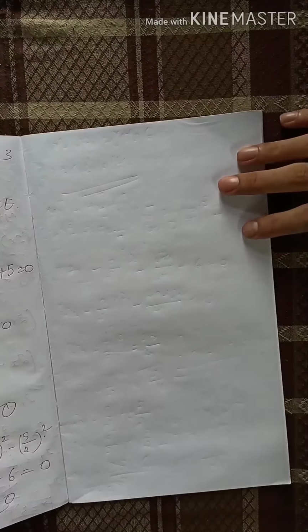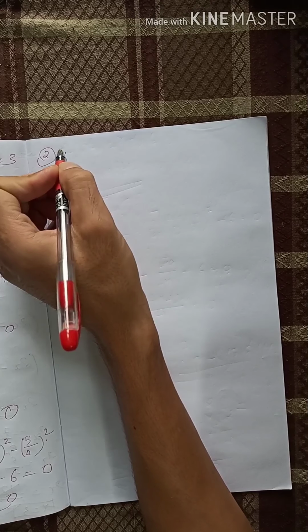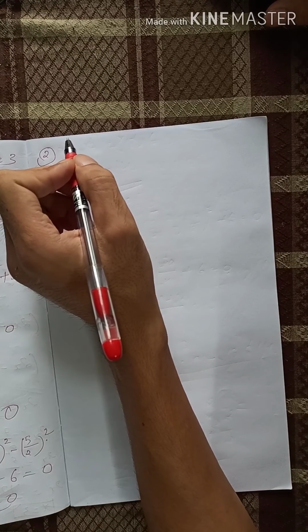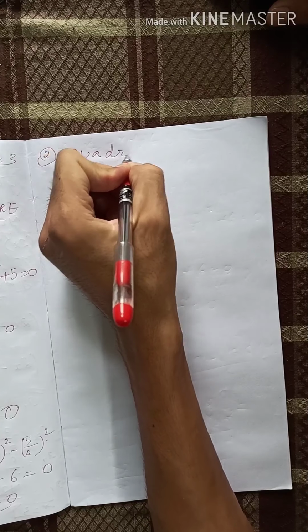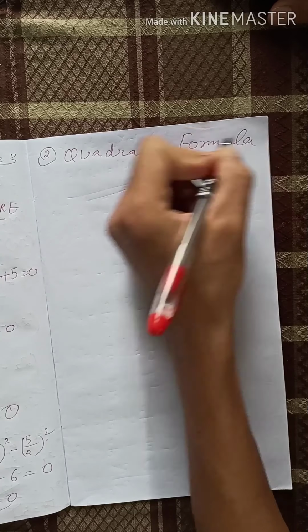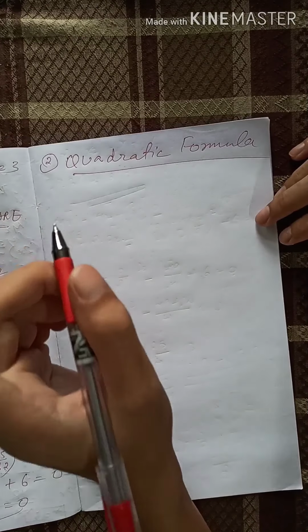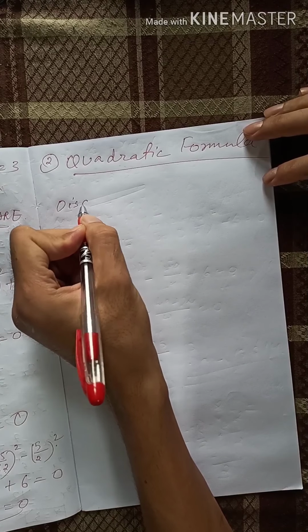Now the next method. Second method is by applying the quadratic formula. Now for the quadratic formula, we have the discriminant.